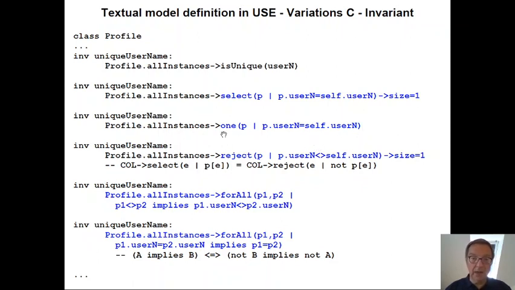So we are requiring here that one profile object, and only one, should exist which has this username, namely self.username.